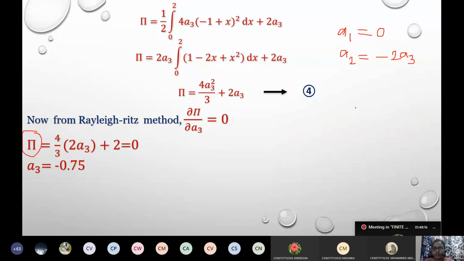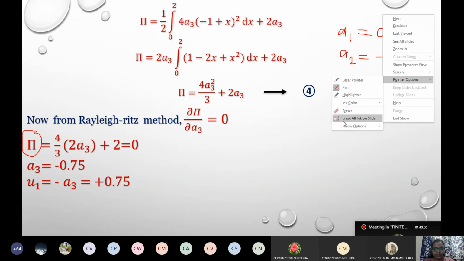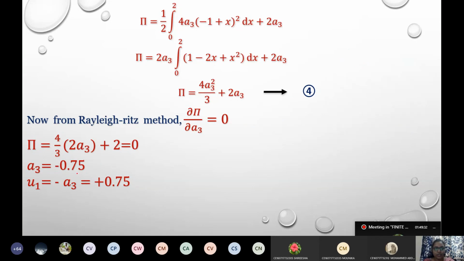Is it not? Now A3 we have a value, and U1 was minus A3. So all the terms were related to A3 directly. So U1 will become minus A3, which is plus 0.75.